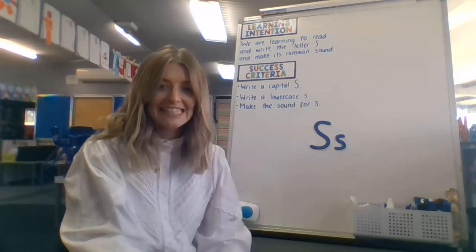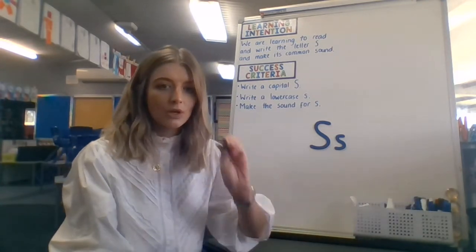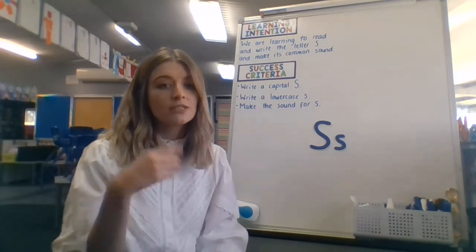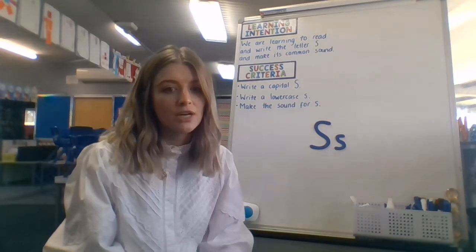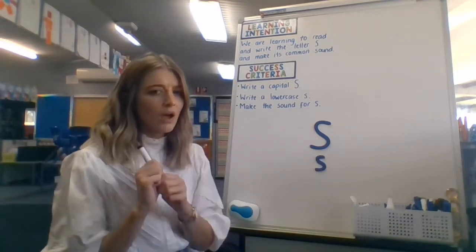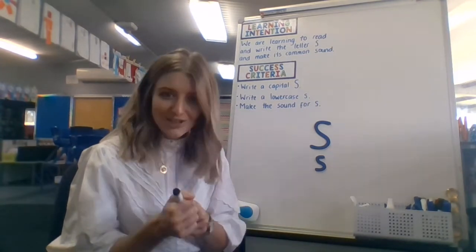Well done. Great S's. Now, this is where we're going to use our pen, and we're going to practice writing a letter S. So I'm going to show you some first, and then I'm going to set you a job to have a go at writing some by yourself. So let's start with our capital S. So I know that I always start my letters at the top. Excellent.